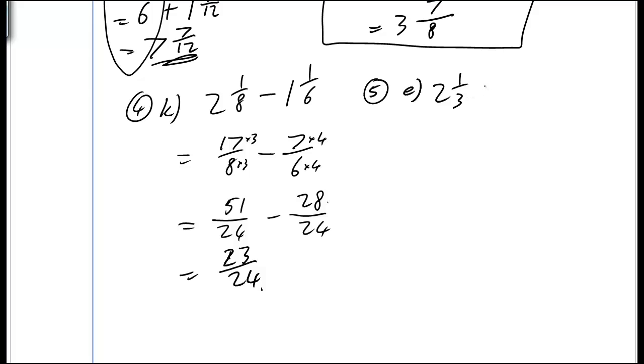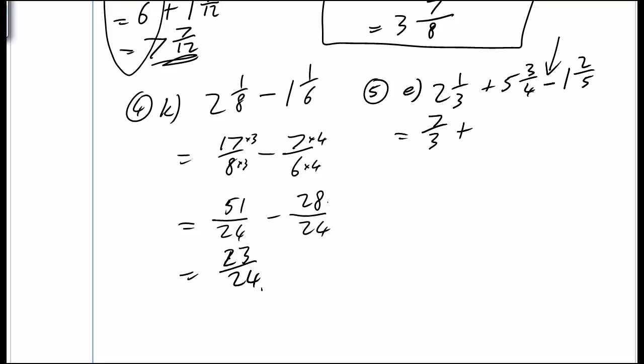2 1/3 plus 5 3/4 take 1 2/5. Now, because there's a subtraction in here, I'm going to convert all of these numbers into improper fractions. So 2 times 3 is 6, plus 1 is 7, so that's 7 over 3.